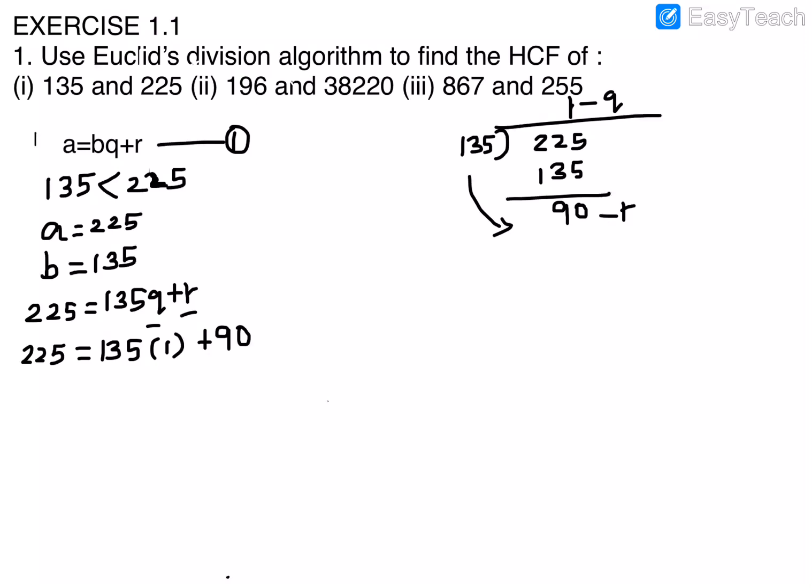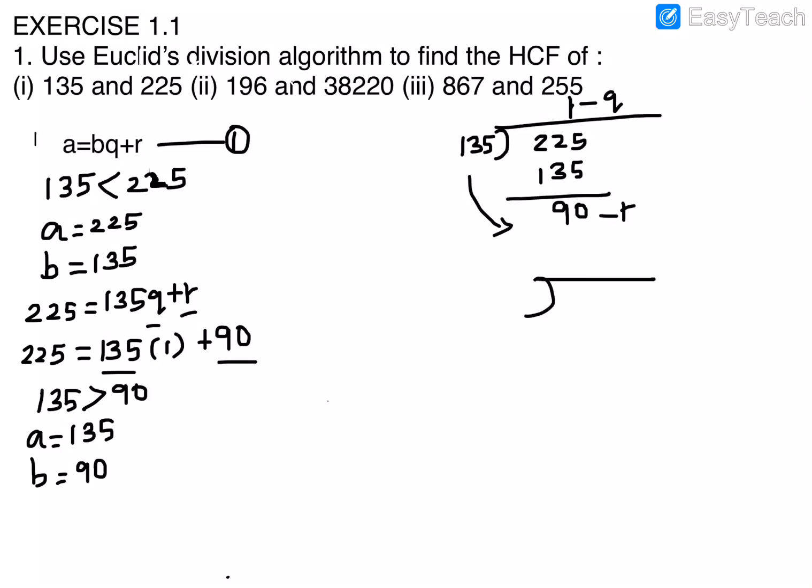In this step, compare these two values, which is bigger. 135 is bigger than 90. So this time A, the dividend, is 135 and the divisor is 90, because the bigger number must always be the dividend and the smaller number must be the divisor.